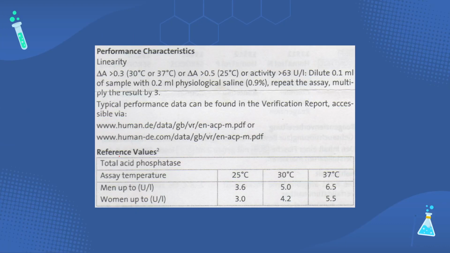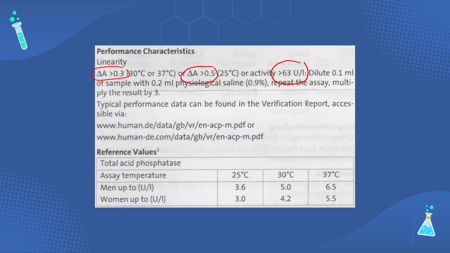For the linearity, it also depends on the temperature. If your linearity is greater than 0.3 for 30 degrees or 37 degrees Celsius, for your room temperature, that is greater than 0.5. Or if you wanted to really base it onto our result na talaga, kids, it is only linear up to 63 U per liter.